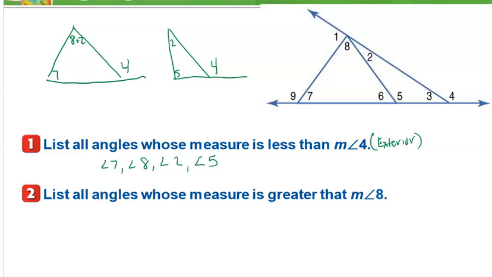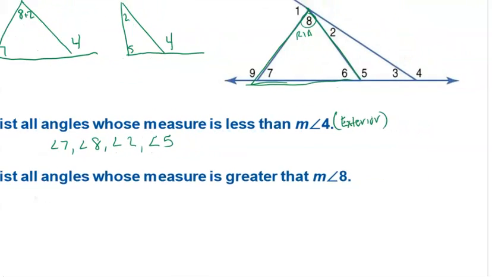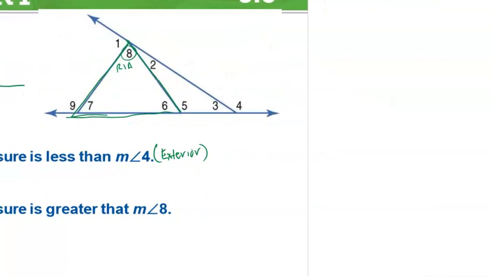If 8 is a remote interior angle, it's a remote interior angle for this triangle right here. Okay, so we've got several pictures going on here. Let's pull those off to the side. So you've got angle 9 as an exterior angle. You just find all the exteriors. 9 goes with 8 and 6.